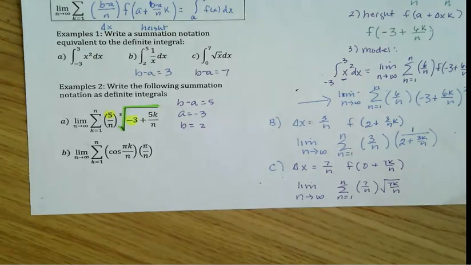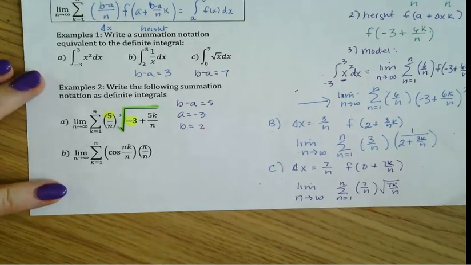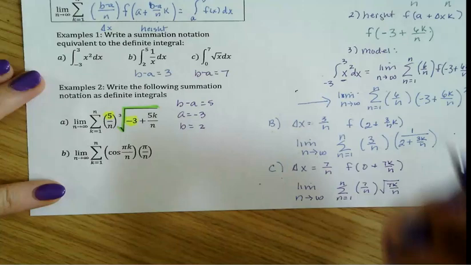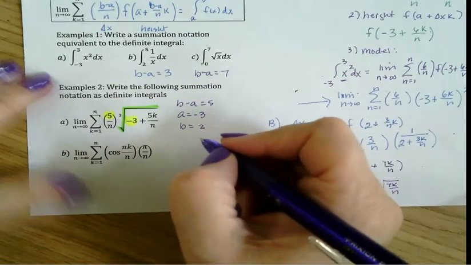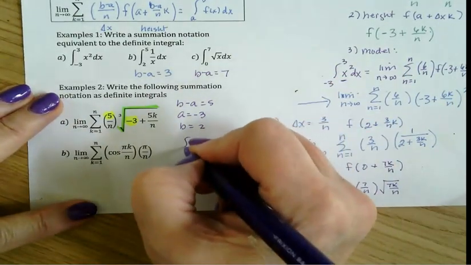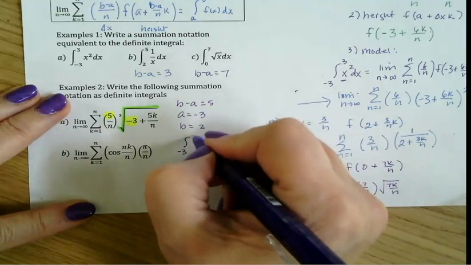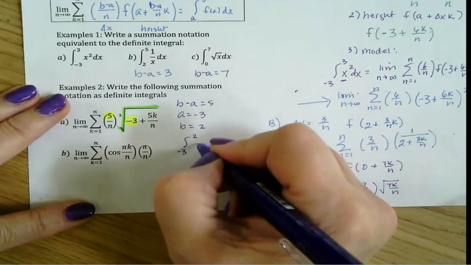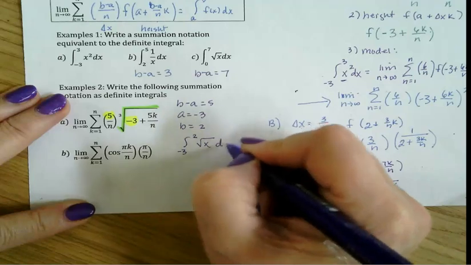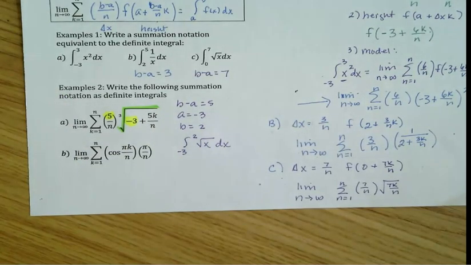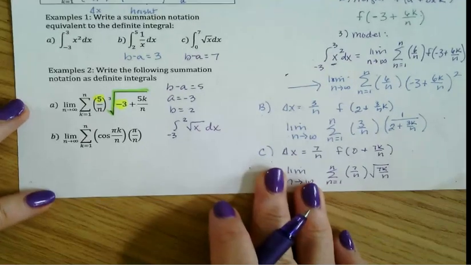So I know I'm going back into a square root function. This would be my function value underneath. So then my integral is going to go from a lower bound of negative 3 to an upper bound of 2. And then I'm going to have the square root of x dx. And don't forget the dx, because that's that variable that we have to have when we find our antiderivative.